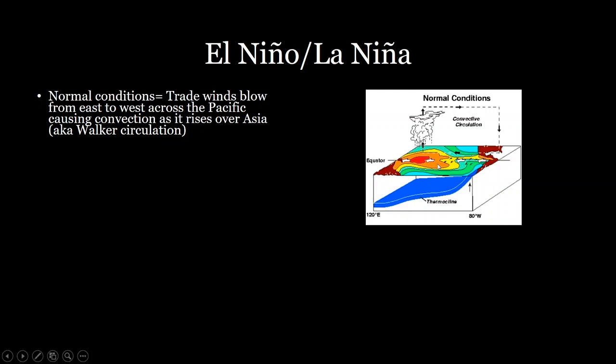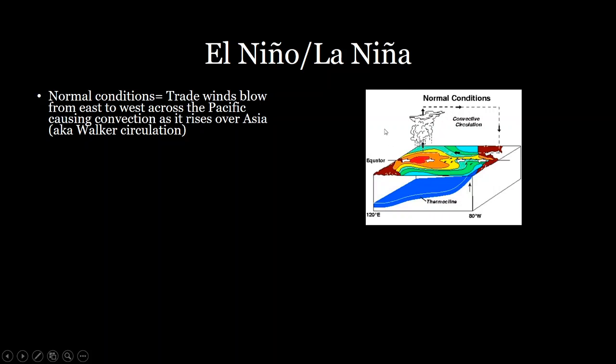They move westward and they draw some of that deep, cold water up towards the surface in the eastern Pacific near South America, and the water that's been warmed by the sun gets pushed off towards Asia in the West Pacific.